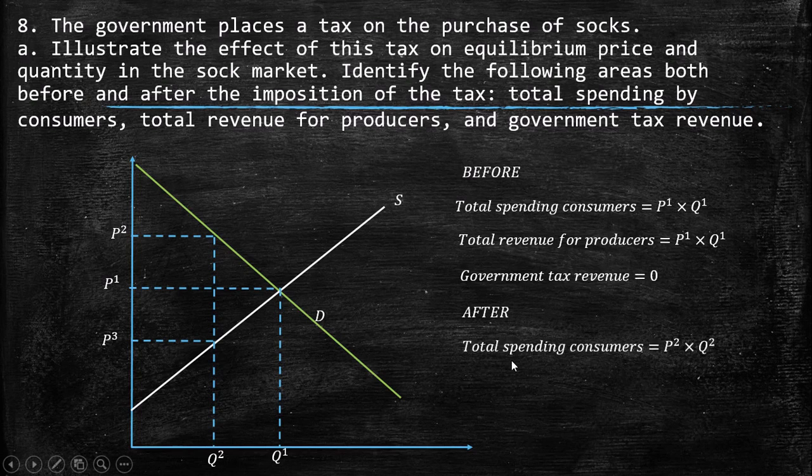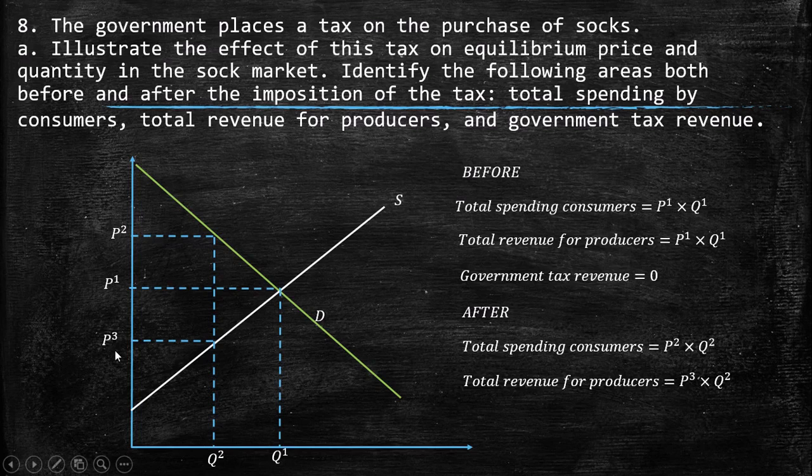So after the tax we know that the total spending of consumers will turn into P2, which is the price that they have to pay now, times the quantities that they are going to demand after the tax, which is going to be Q2. So this is going to be the new spending of consumers. What about the total revenue for producers now? It's going to be based on P3 because from the producer side, unfortunately, they won't receive P2.